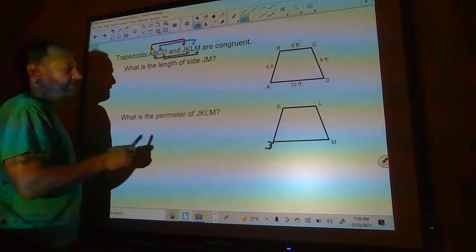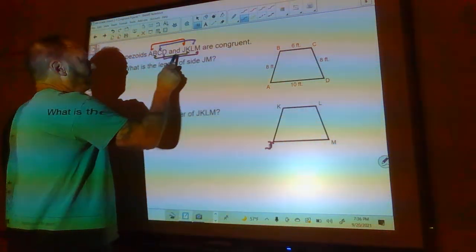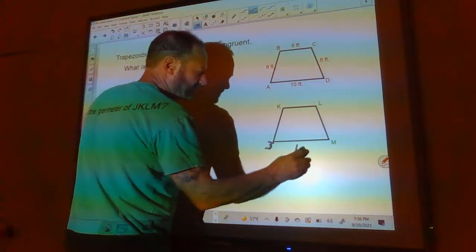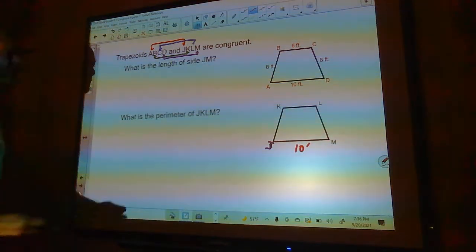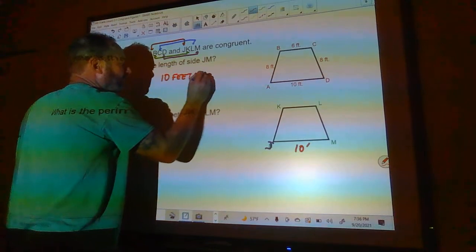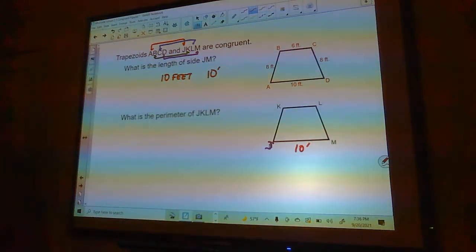So what is the length of side JM? That's this one right here. Well, it's got to be the same as AD. So this has got to be 10 feet. So we can write 10 feet, or another way to write 10 feet is to write it like this. One mark afterward, that means 10 feet.